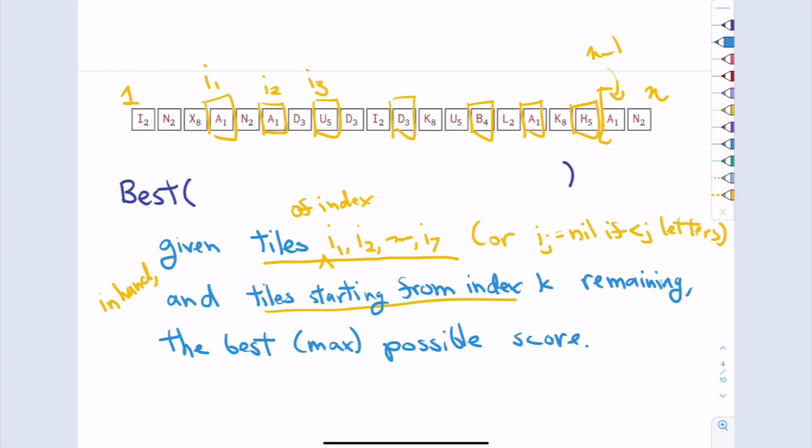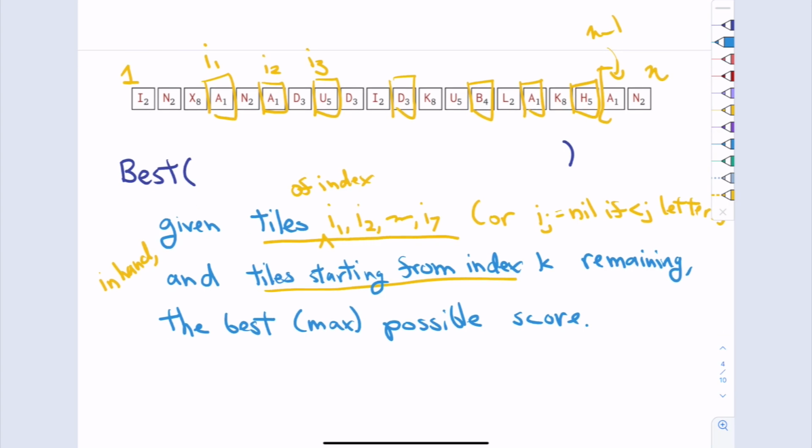Okay. All right, so then our full set of indices, it looks like our subproblems are ultimately parameterized by 8 indices. The first 7 describe the letters in your hand. The last one describes sort of the index at the top of the stack.